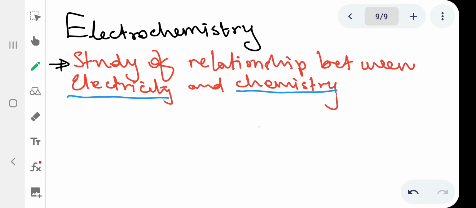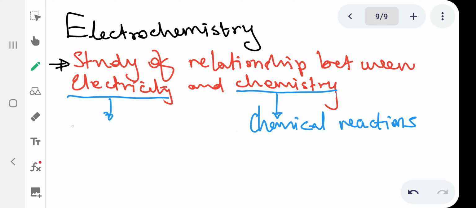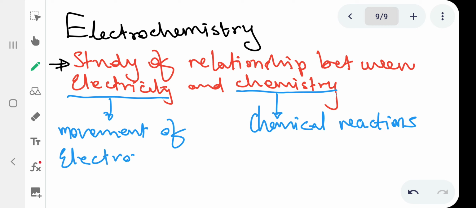In this branch of chemistry, there are chemical reactions occurring, and these chemical reactions result in the movement of electrons, and this movement of electrons is electricity. So that is the study of electrochemistry, the relationship between electricity and chemistry.